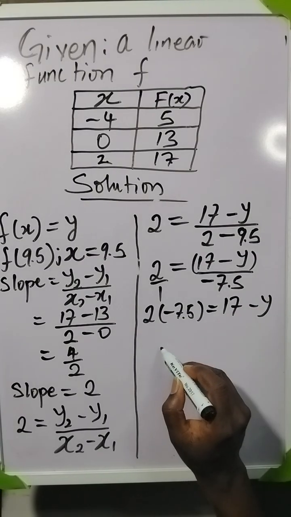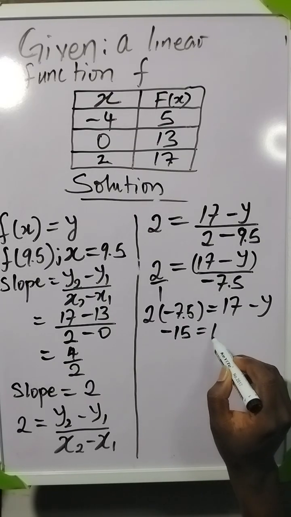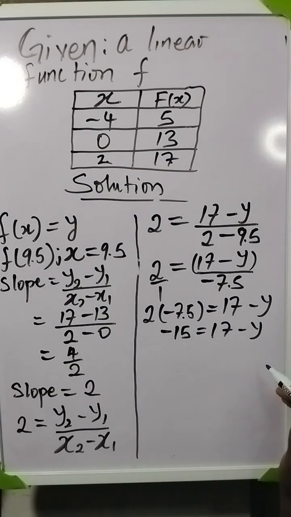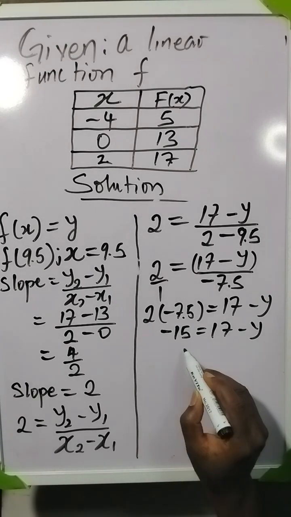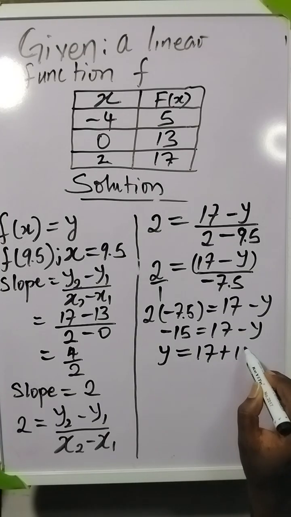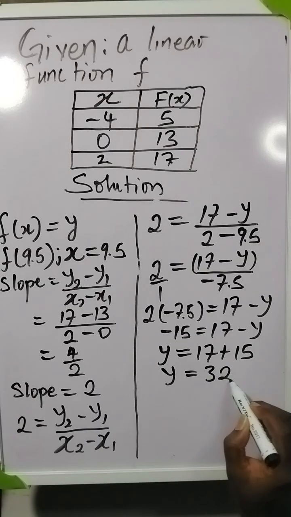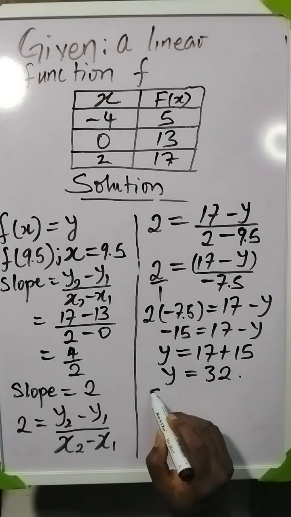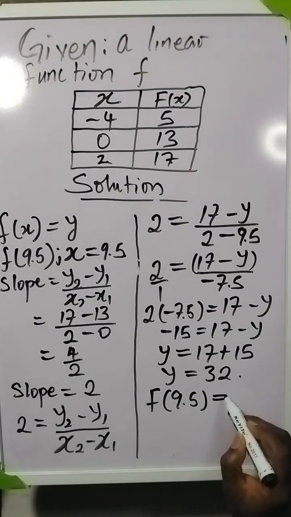So this gives me negative 15 is equal to 17 minus y. If you add y to both sides and add 15 to both sides, you end up with y is equal to 17 plus 15. So y is equal to 32. So this is simply telling us that f of 9.5 is equal to 32.